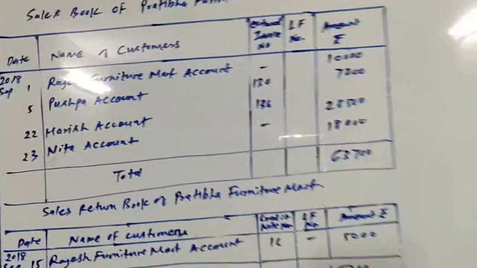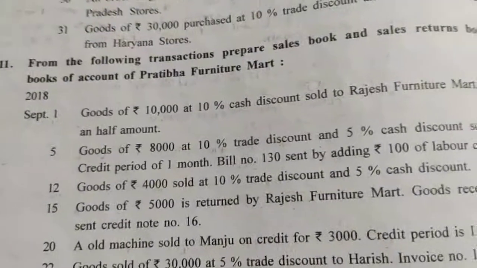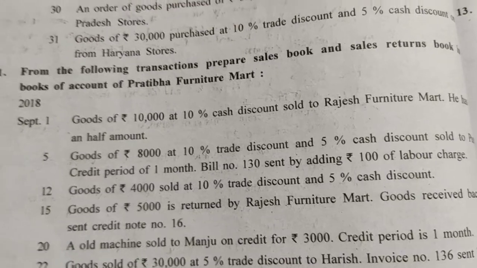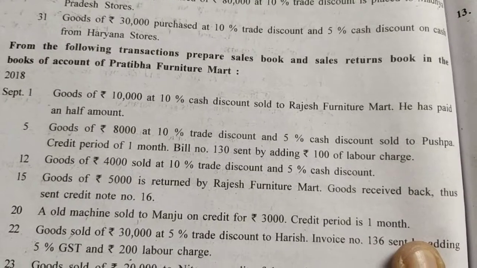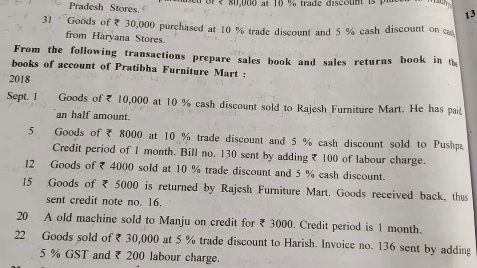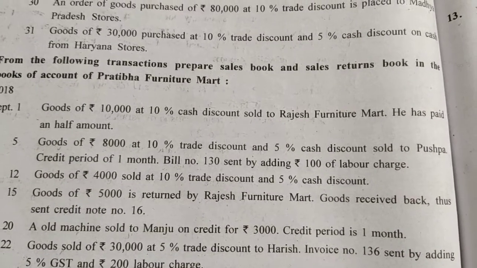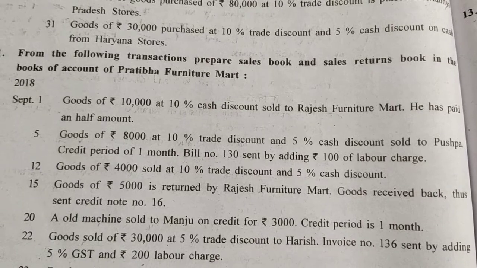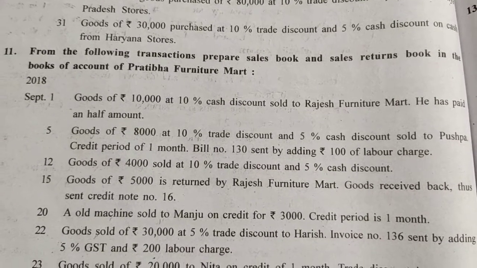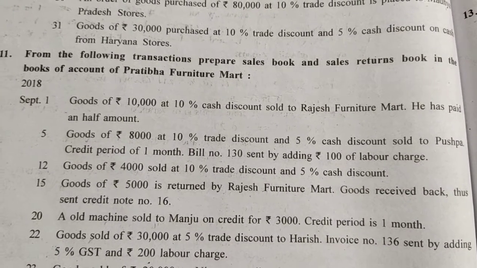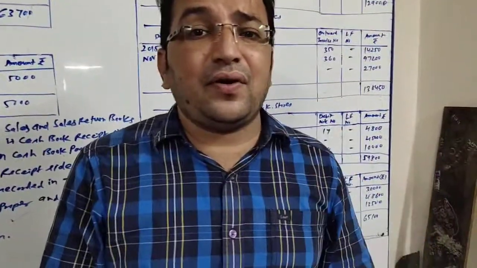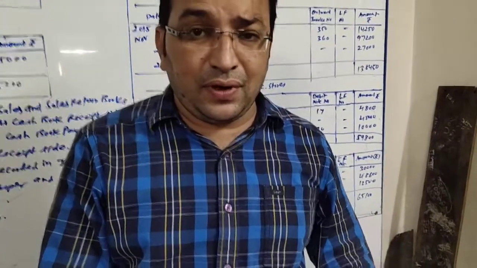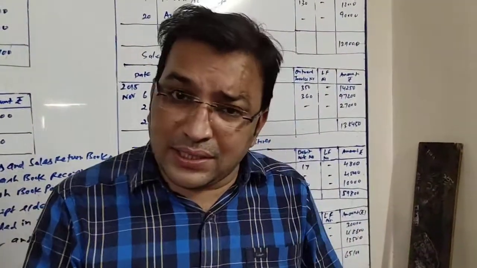Second transaction, dated 5: goods of rupees 8,000 at 10% trade discount and 5% cash discount sold to Pushpa, credit period 1 month, bill number 130, sent by adding rupees 100 of labor charges. Simply, this is a transaction of credit sale of goods, so it will be recorded in the sales book.